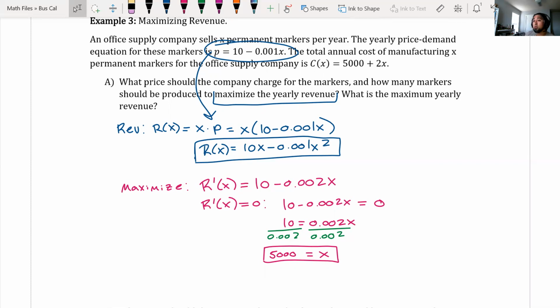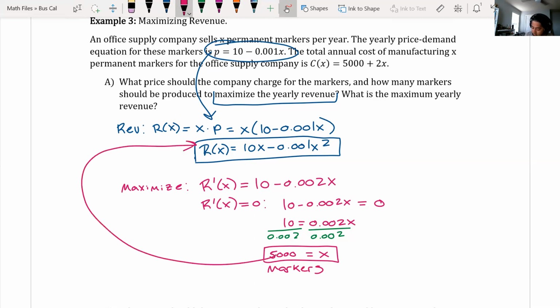So one of our answers: in order to produce maximum yearly revenue, we need to make 5,000 markers. Now we take this 5,000, plug it into the revenue function, which gives us the maximum yearly revenue, and plug it into the price equation, because that is the equation for how much these markers should be sold at. So we're going to plug it into both of those.